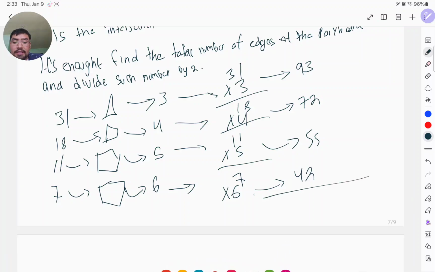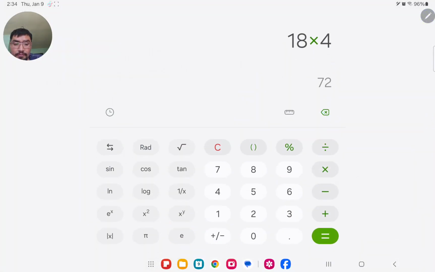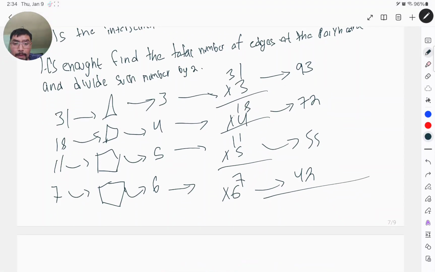Now let's add those numbers: 93, 72, 55, and 42.